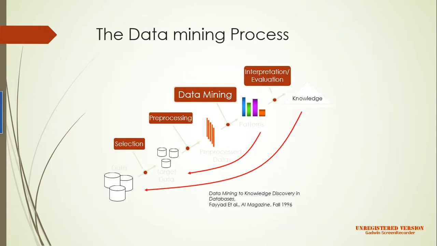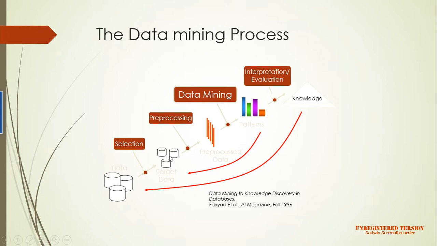What is the data mining process? You have large data, but from that you will be using only 5 to 10% of the data. That is where data selection comes into the picture. From this large data you select the smaller data, and you can't apply data mining directly on any data.